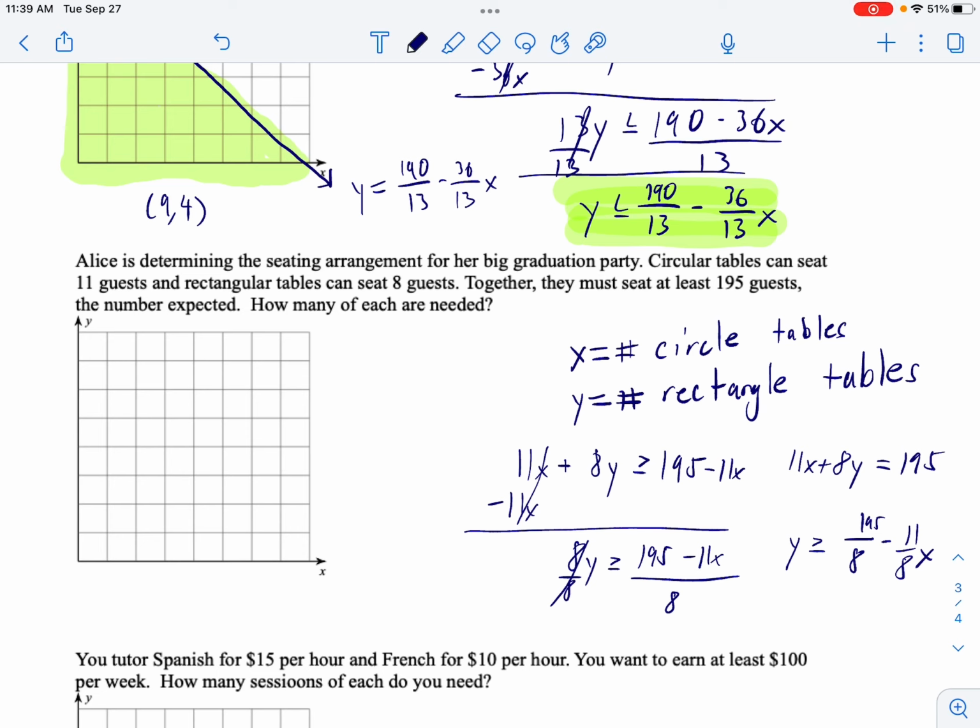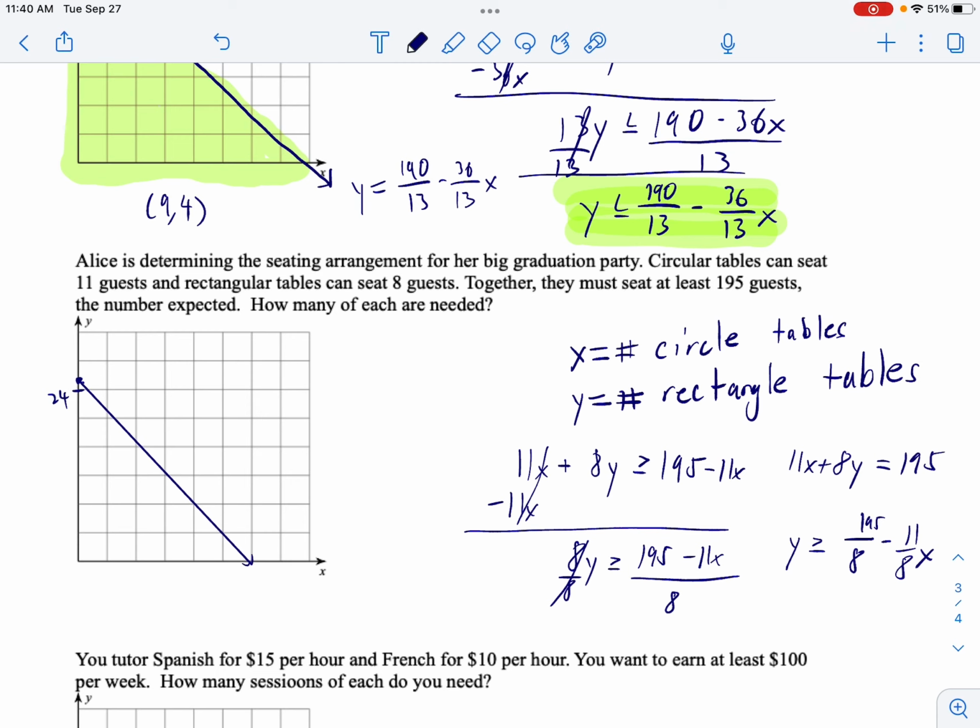So let's put that up here. Let's say this is the line y equals 24. So we're going to put that y-intercept up here, and then a slope of a little over negative 1. All right, draw that down here.